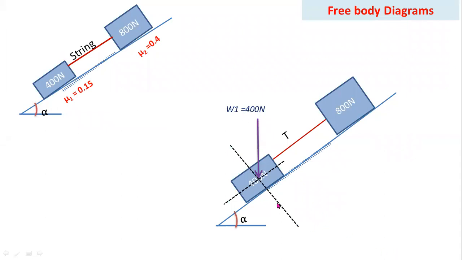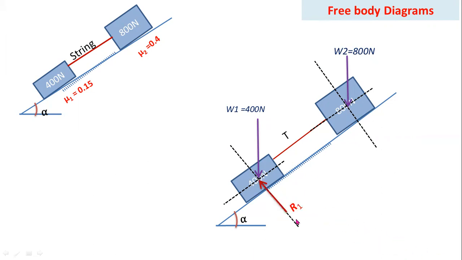After that, you have to consider the normal reaction at the point of contact. Now these are also reference axes for block 2. This is the direction of the self weight W2 equal to 800 newtons for the second block.